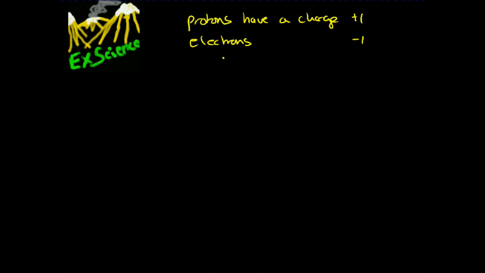So when protons equal electrons, the sum of the +1s and the -1s equals 0.